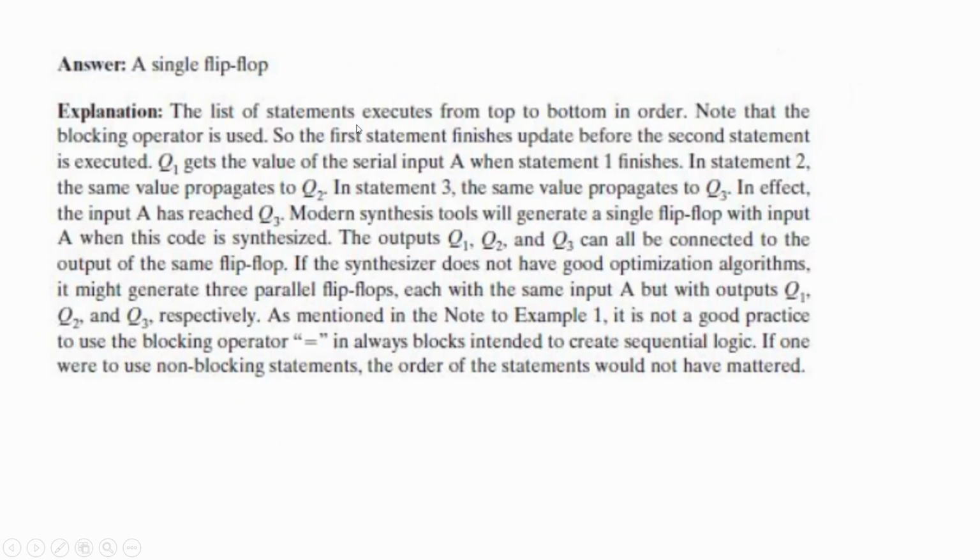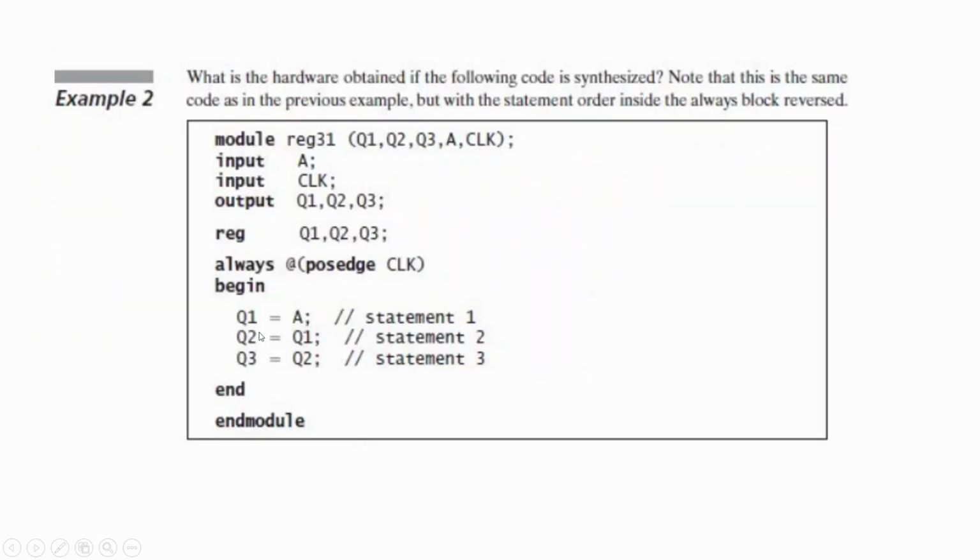The list of statements is executed from top to bottom in order. Note that the blocking operator is used, so the first statement finishes its update before the second statement. As I said, the first statement, Q1 = A, should be executed first before statements 2 and 3 because we are using the blocking operator, right?